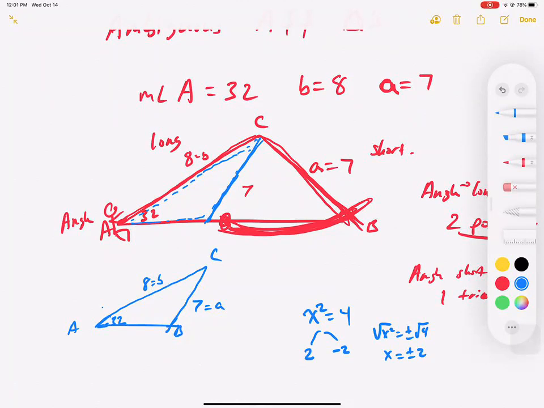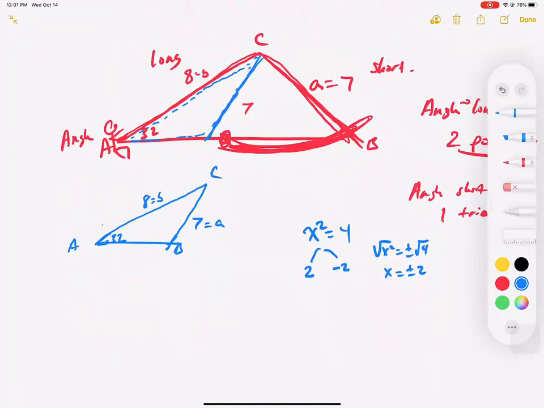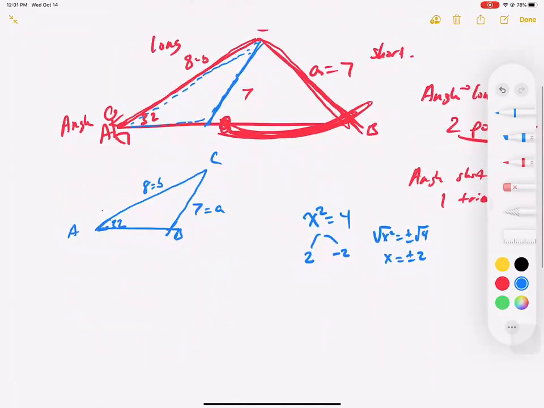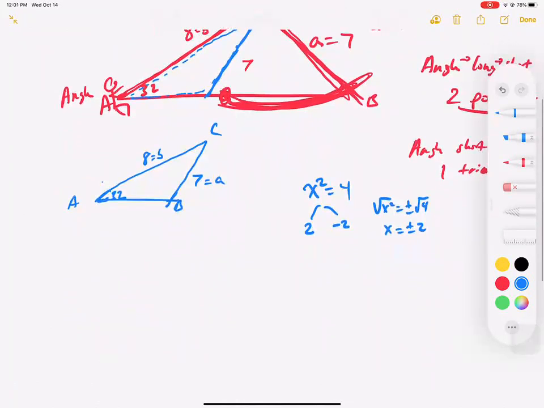Okay, so today we're going to solve for both these triangles, and I'm going to show you guys a pretty easy way to do it. It's actually pretty easy. So let's go ahead and redraw this triangle. We have two versions of this triangle. Let's draw our first version, which we said was 32, 8, and 7.